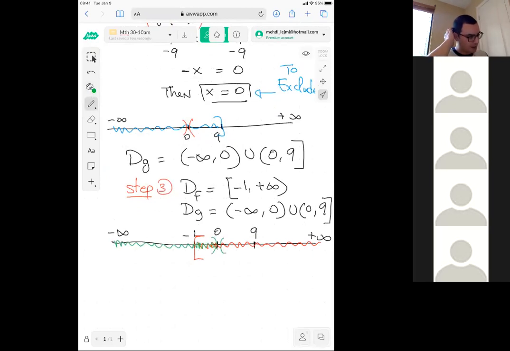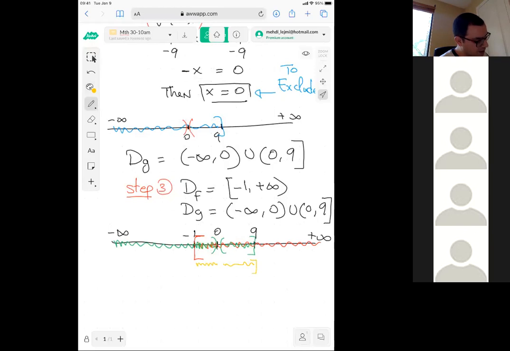And then from 0 to 9, 9 is included, right? So what will be the common domain? What will be the intersection of these two domains? So what will be the interval which is at the same time green and red? Well, you can see here it's green and red. It's green and red here.